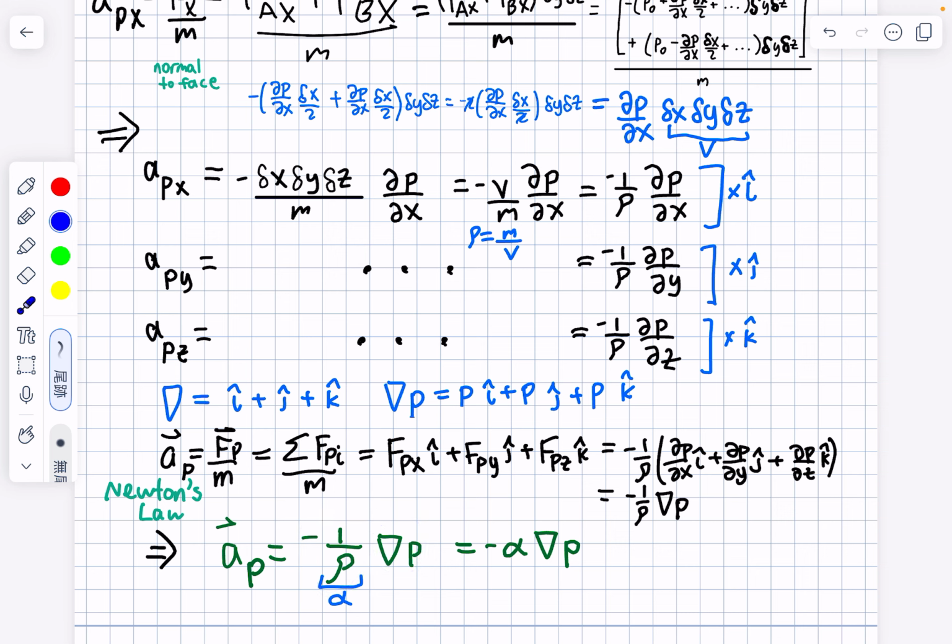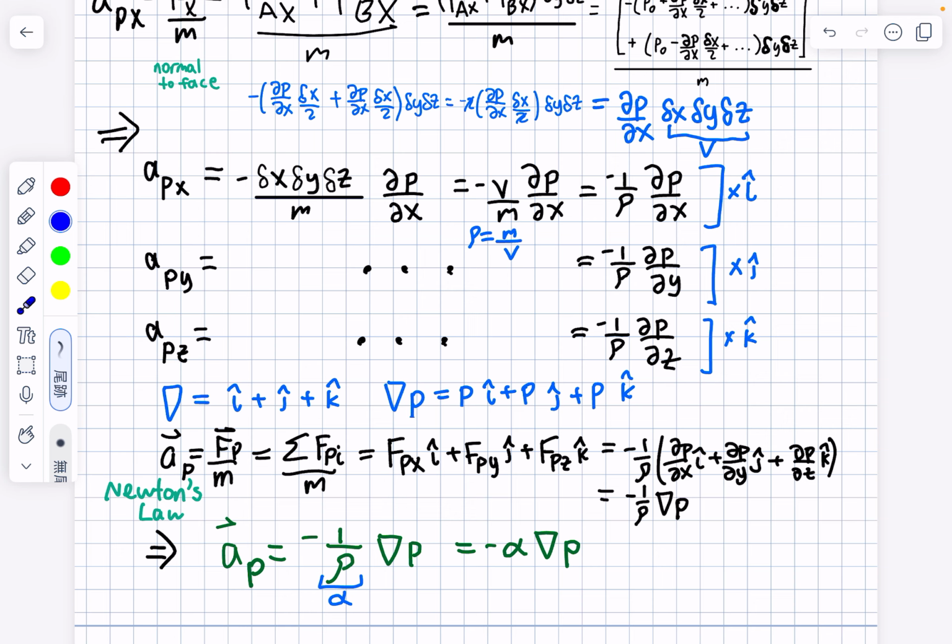So you can also think of it in this way, using Newton's law, that the sum of the accelerations of all pressure gradient, the vector form of these equations.